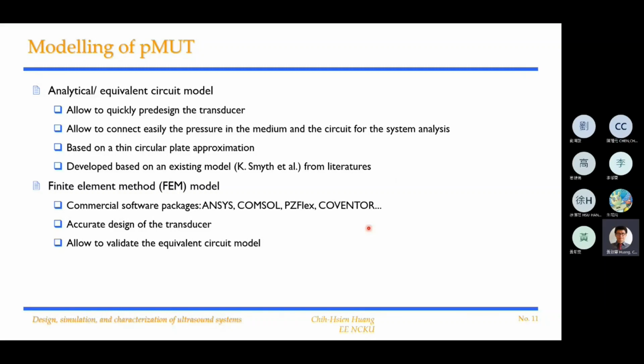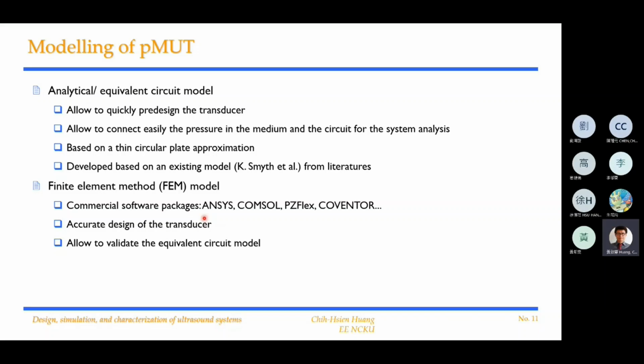Usually we have ANSYS, COMSOL, PZFlex for piezoelectric or ultrasound transducers, and then we have CoventorWare, which is typically for MEMS devices too. Across all of them, I think COMSOL is better at connecting different domains. ANSYS is also very popular, but usually for a single domain it's very precise.